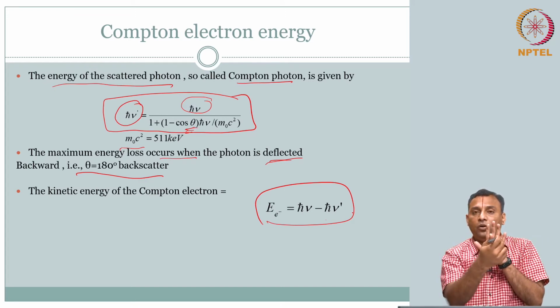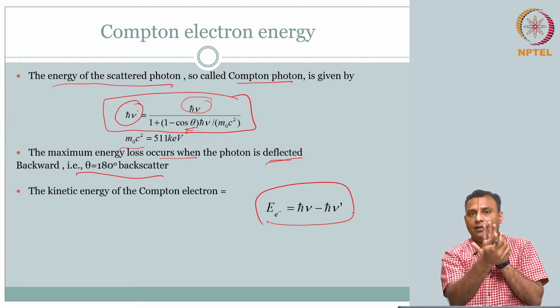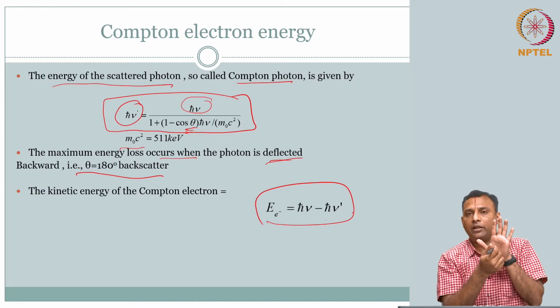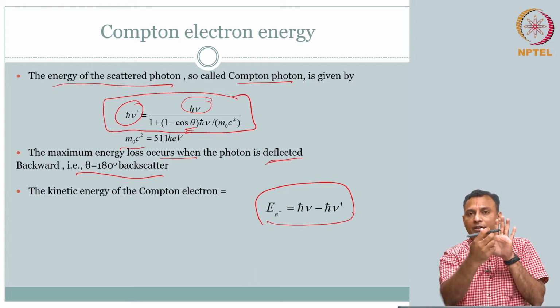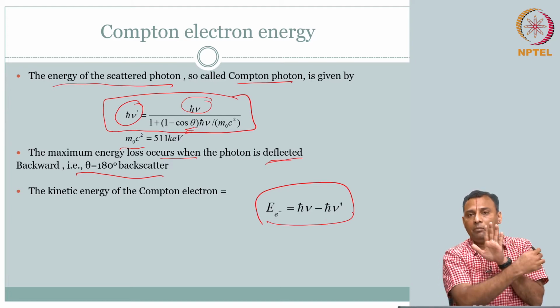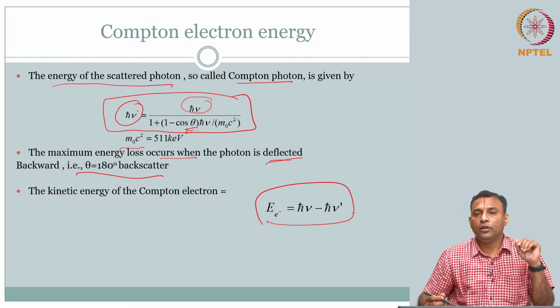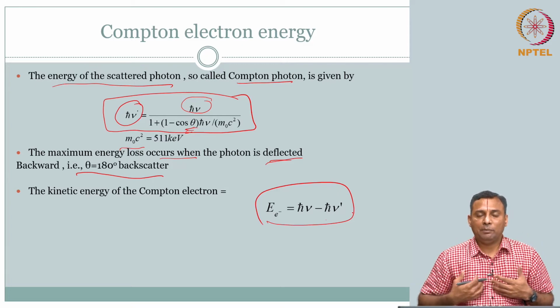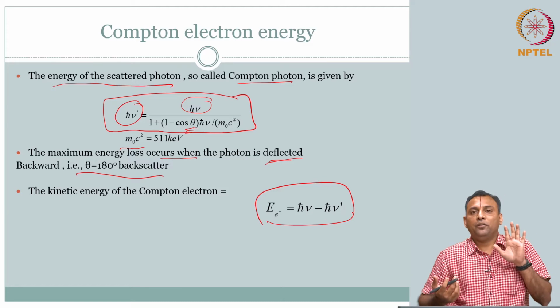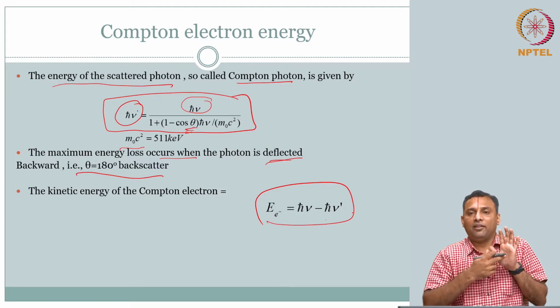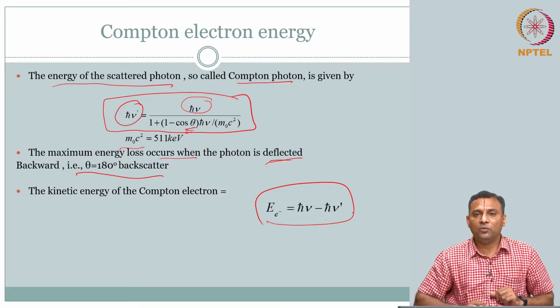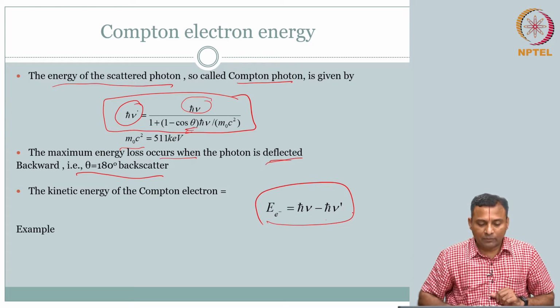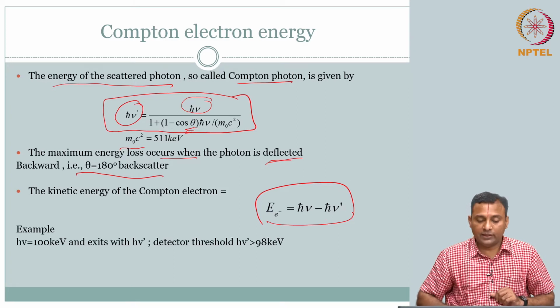So, you need to know what is the angle of this Compton scattering until which you probably can detect. Even if it is at some angle, it can detect, but if it is greater than a certain angle, maybe you are not going to detect, you are just going to dose the patient. He is going to have ionization, but you are not going to catch the photon to say something about the material that came through. So, in scenarios like that, it is probably very useful to calculate this angle.